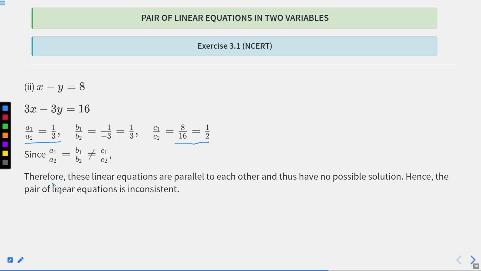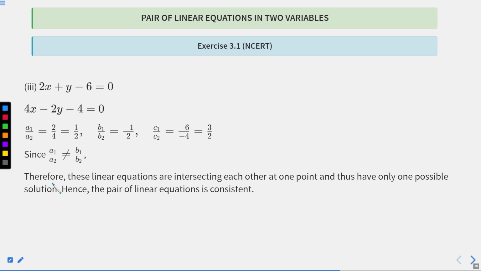Since a1 by a2 is equal to b1 by b2 but not equal to c1 by c2, these linear equations are parallel to each other and thus have no possible solution. Hence the pair of linear equations is inconsistent.